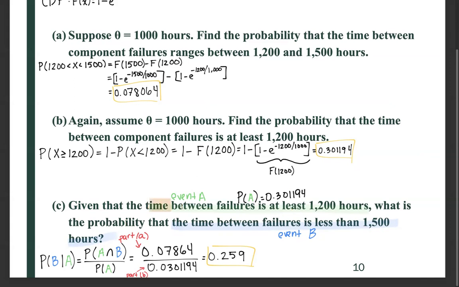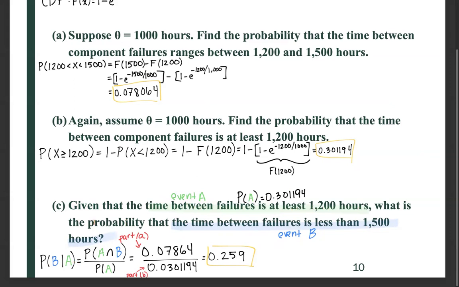I'm going to say that the time between failures being at least 1,200 hours is going to be event A. And event B is that the time between failures is less than 1,500 hours.